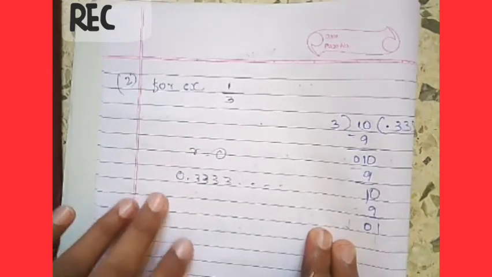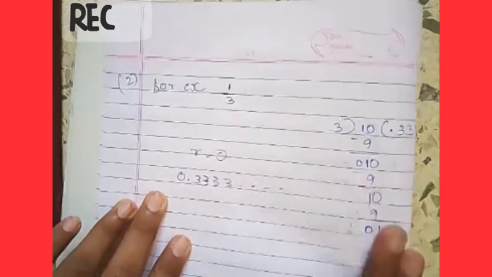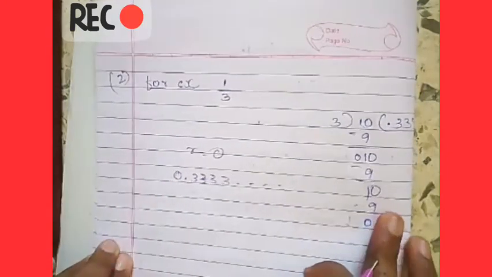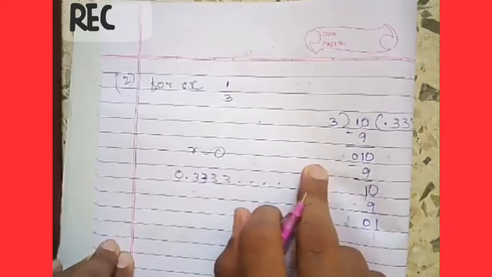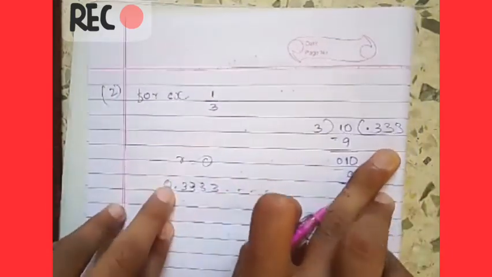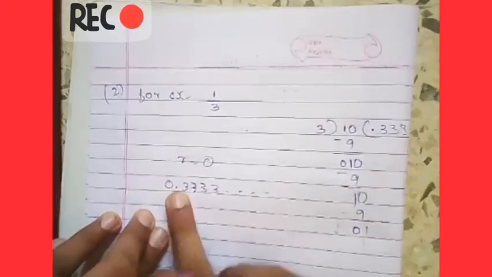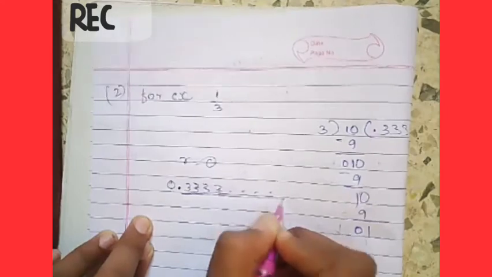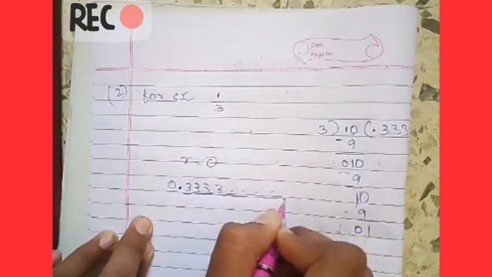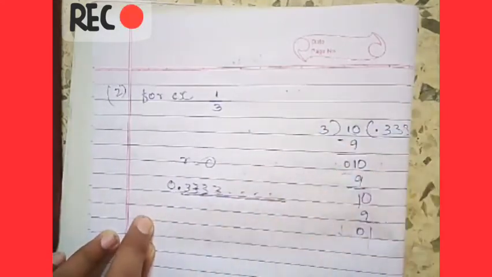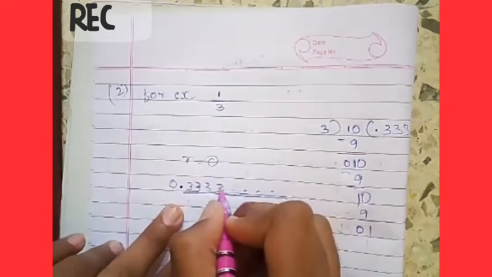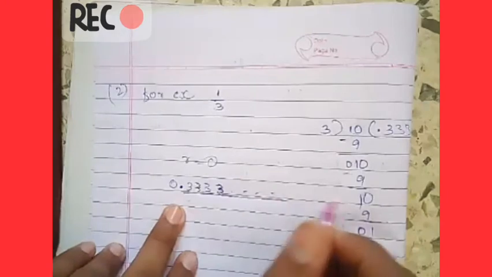Okay, so now let's see what is in this infinite digits after the decimal point. As you can see here, after the decimal point we do not have a finite number. We cannot end this, it is going and going. 3 is repeating itself again and again.